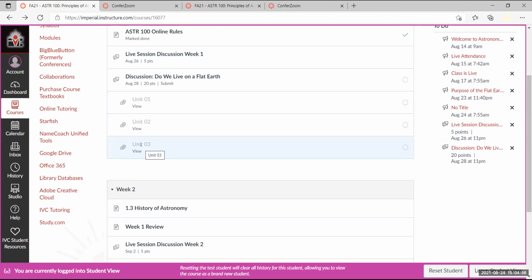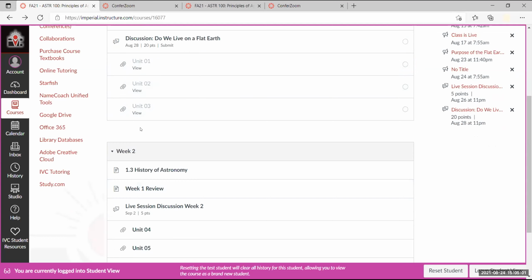What I want you not to do is to assume that somehow this replaces the reading of these units. Even these units in here are just basically a PowerPoint, a summary of that unit. It's still your responsibility to read the entire unit, okay? Because that's where you're going to be tested.